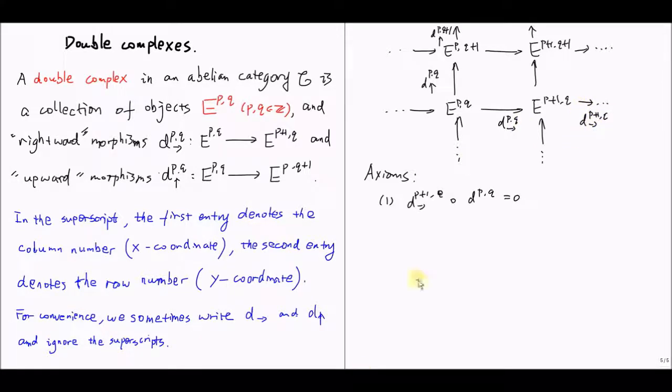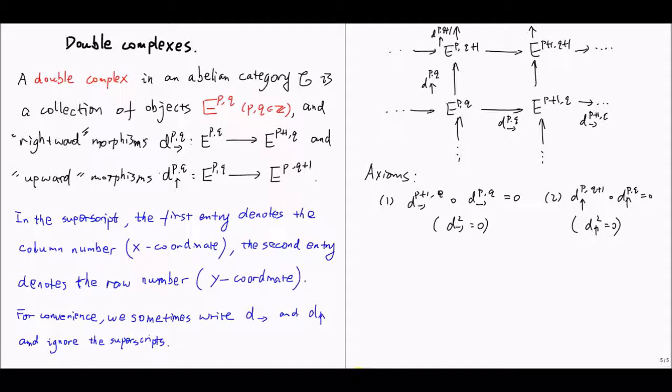And similarly for d-ups. For convenience, we sometimes just write d-up or d-right without superscripts. So these first two axioms can be rewritten as d-right square equal to 0 or d-up square equal to 0.